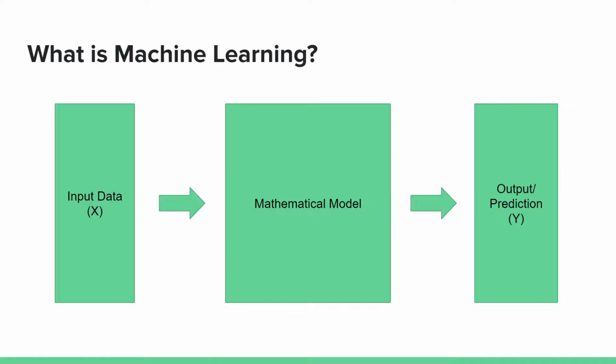All this input data goes into the mathematical model, the model figures it out itself, and you get a prediction. The prediction here would be the cost of the house.